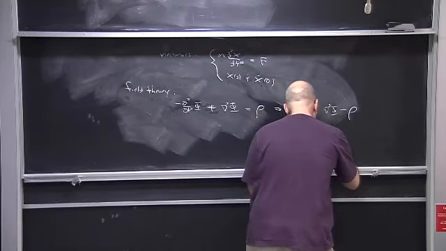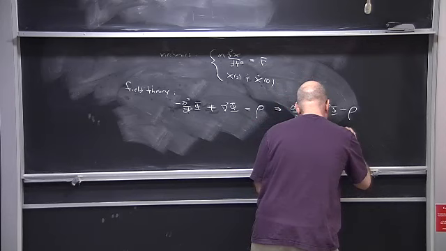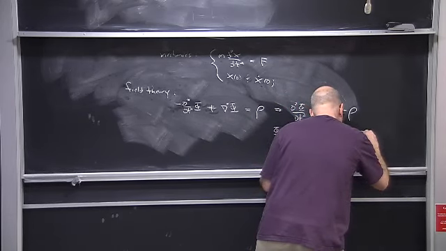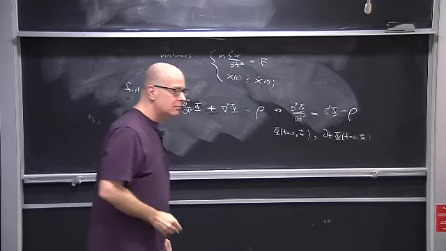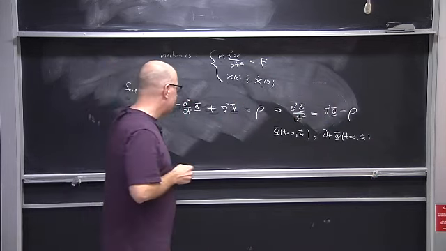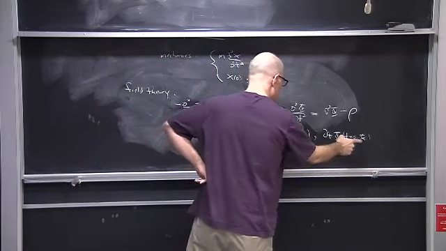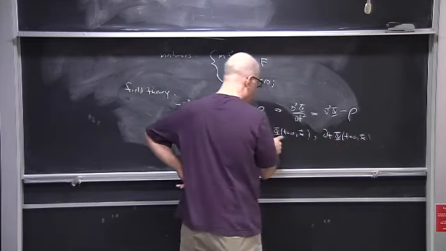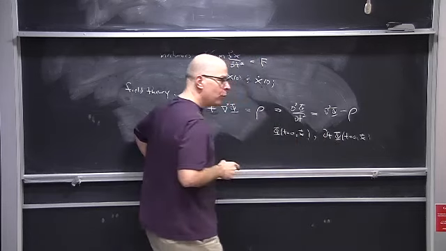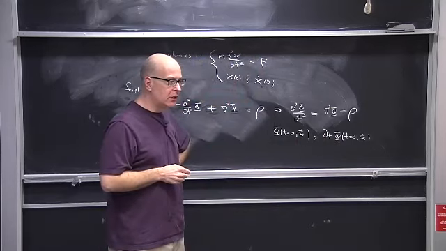So I have to provide a full function of the spatial positions to specify initial values for this differential equation. And on top of that, I also need to provide the initial values for the time derivative of the scalar function at that time. So here I need to provide 2 full functions of the spatial positions, one representing the initial field configuration, the other one representing its velocity, so to speak.